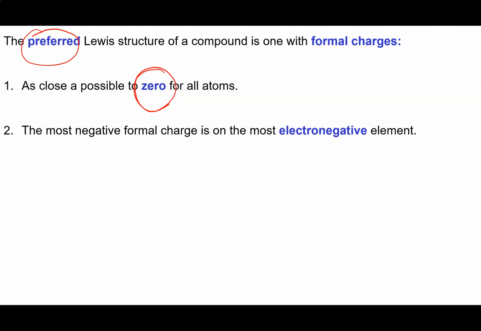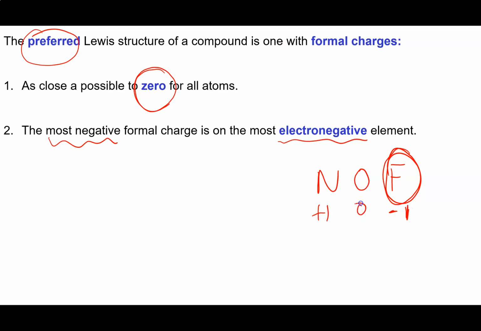If that's not the case, the best Lewis structure will always have the most negative formal charge on the most electronegative element. So we've got nitrogen, oxygen, fluorine. The most electronegative element here is fluorine. If these 3 atoms were in a compound, we would want this guy to have the most negative formal charge, and perhaps these guys have more positive ones.